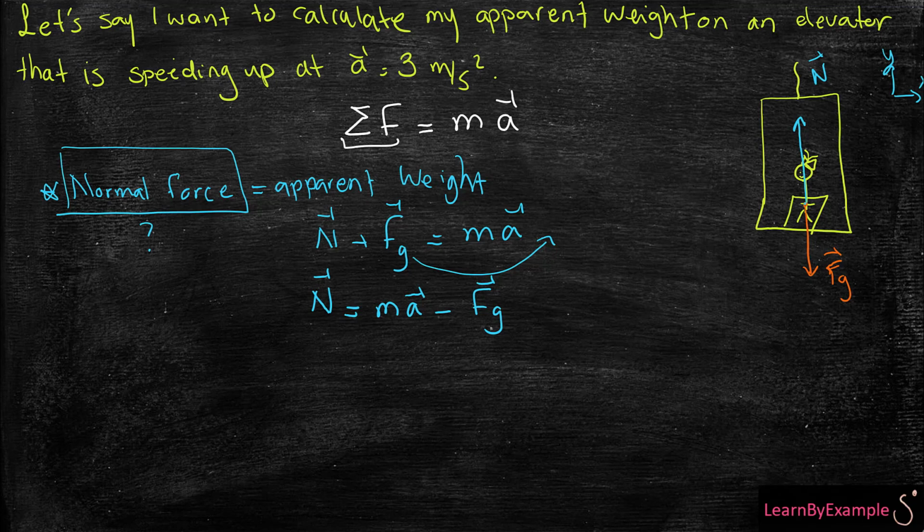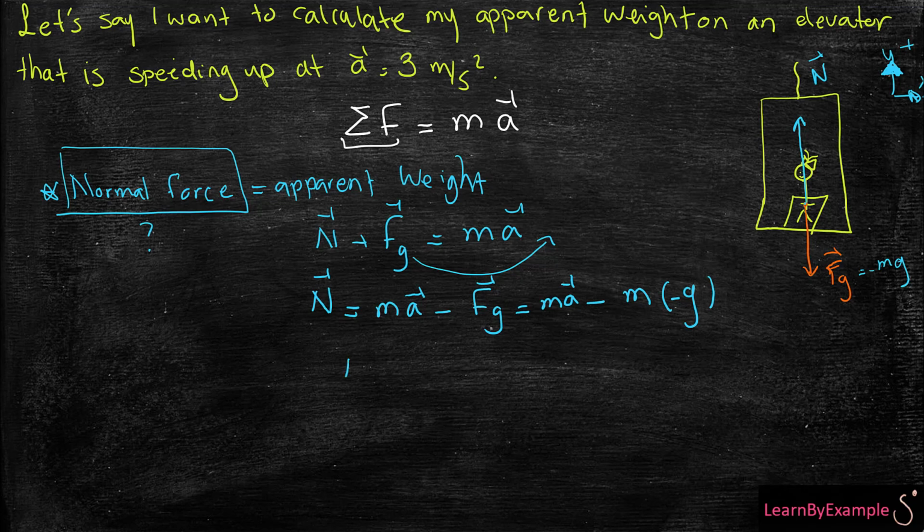I'm going to write ma as is, and change this to mg, but g here is a negative entity. If I take this to be my positive y and this is my positive x, and g is acting downwards, then I will have a negative associated with it.